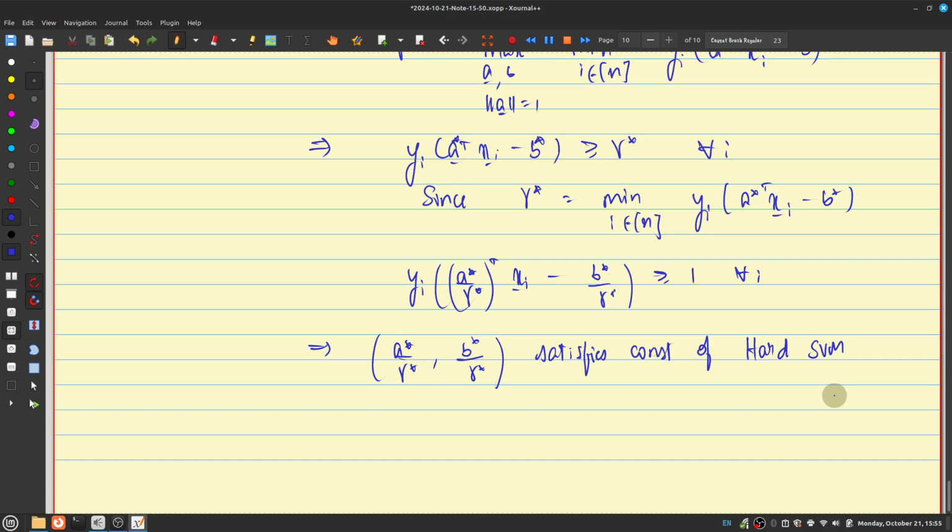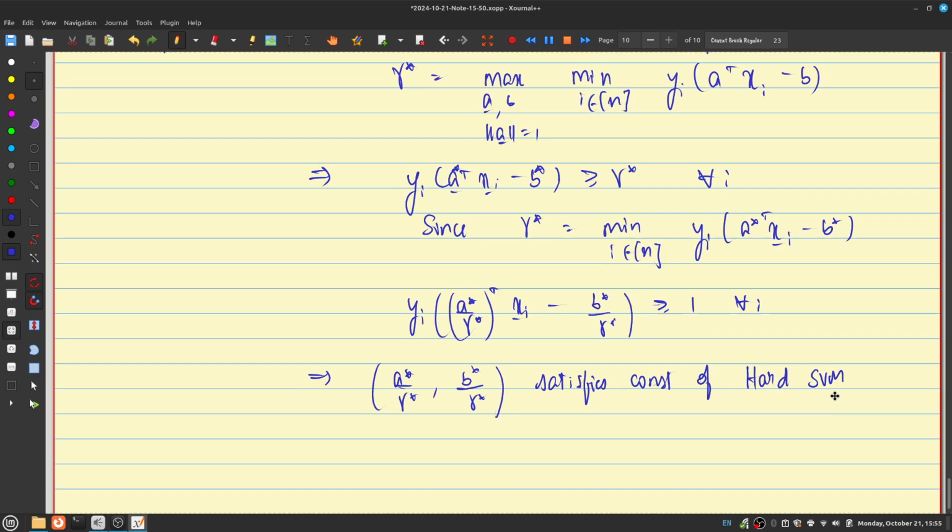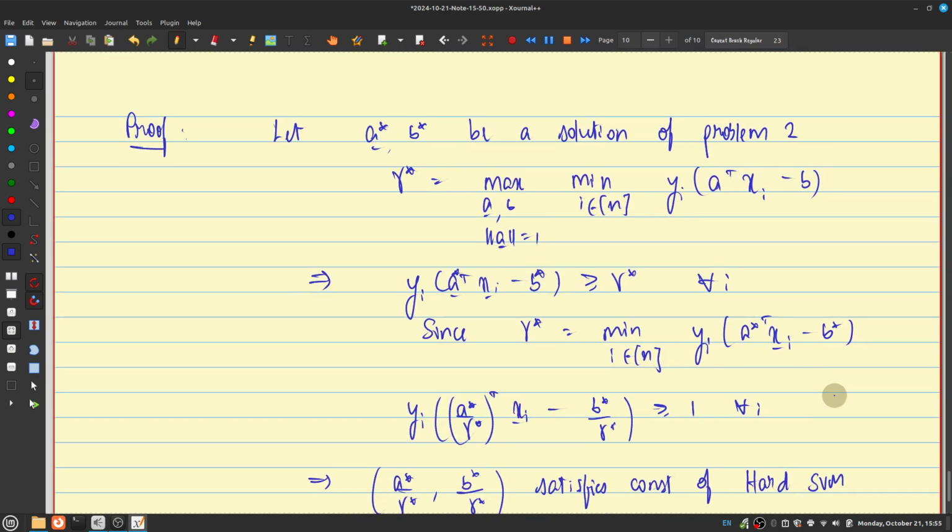You can think about it a little bit, why it's always possible. So gamma star is well defined, right? It is the maximizer.